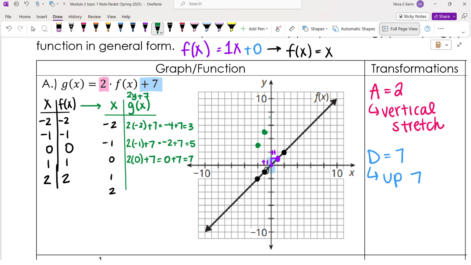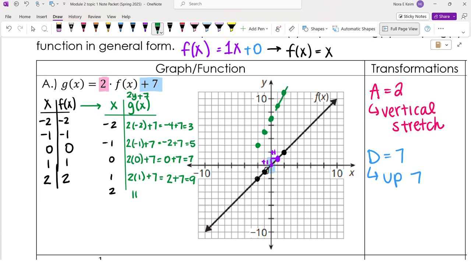So I now have the point at 0, 7. Then I move to the next point. So I have 2 times 1, which is 2, plus 7, which gives me 9. So I have a point at 1, 9. And then you see the pattern. I go 3, 5, 7, 9. So we could probably infer that we'd have a point at 2, 11.